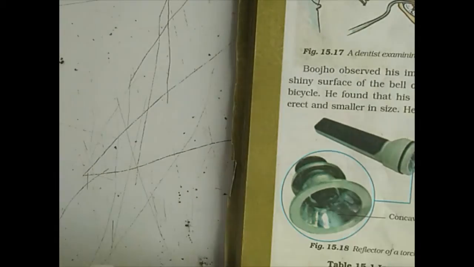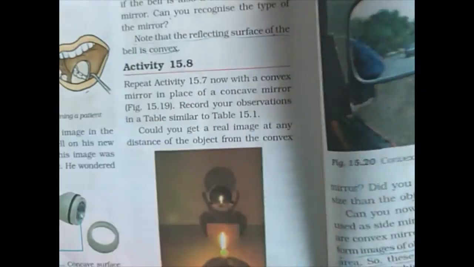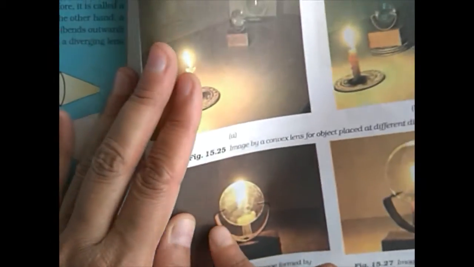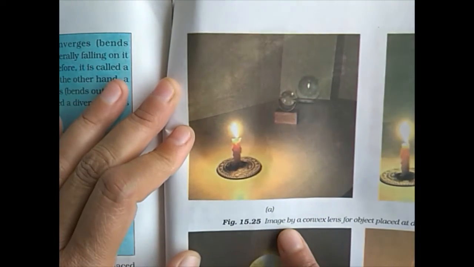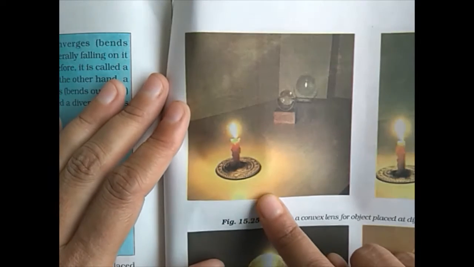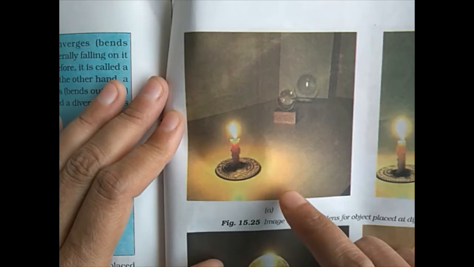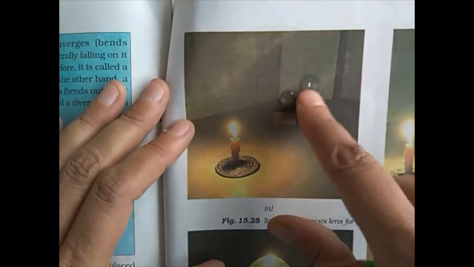So again we will see the images formed, we will discuss the images formed by the convex lens. In the case of mirrors also we have discussed that the size of the image and the type of image totally depend on the distance of the object from the mirror or lens.